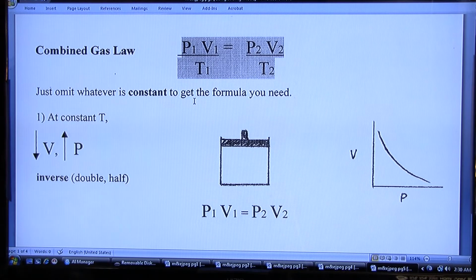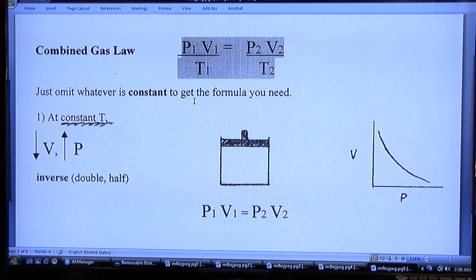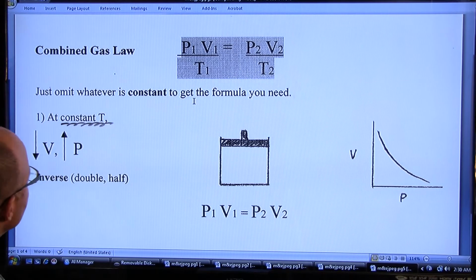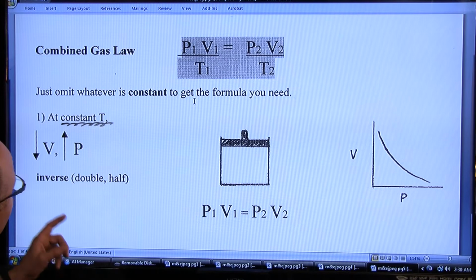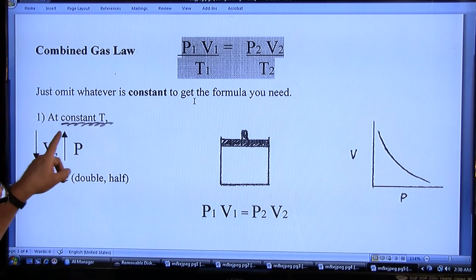So at constant temperature, you're left with volume and pressure, and they're inversely related to each other. This is known as Boyle's law. You probably learned it that way in school. All right, we have an inverse relationship. One is decreasing, the other one's increasing.